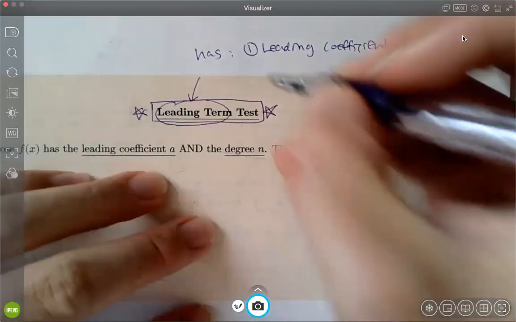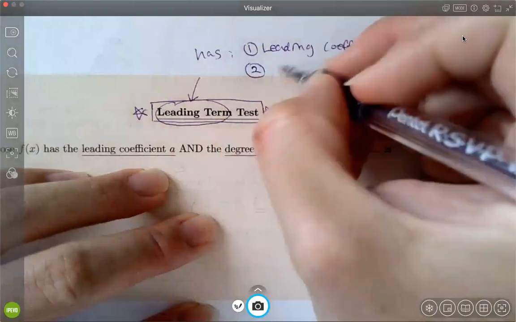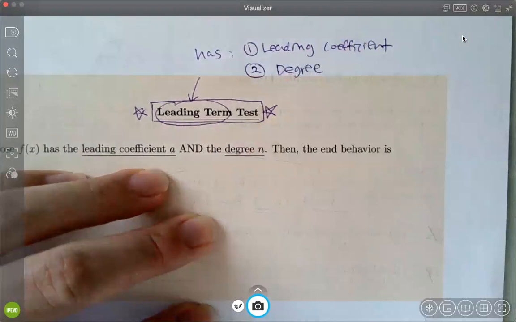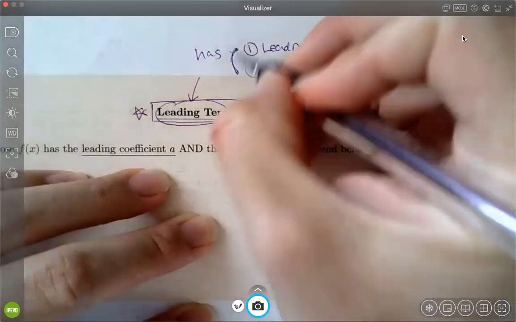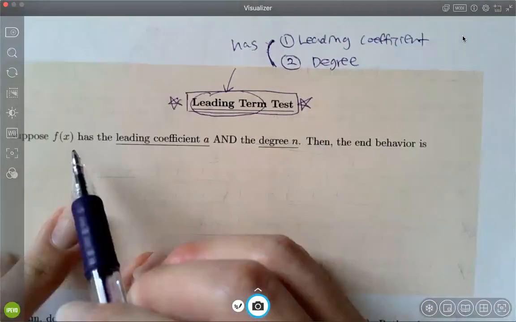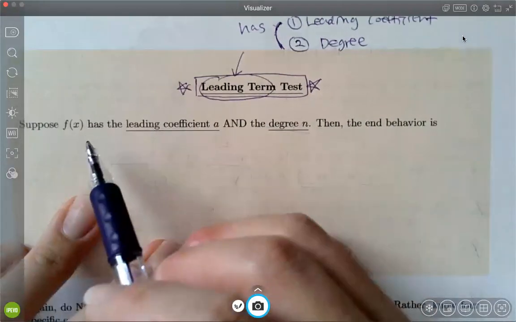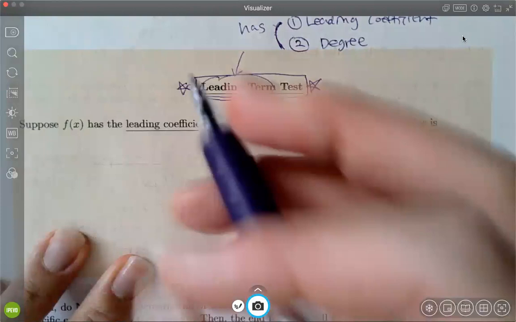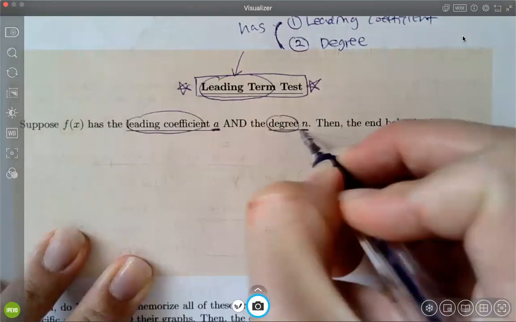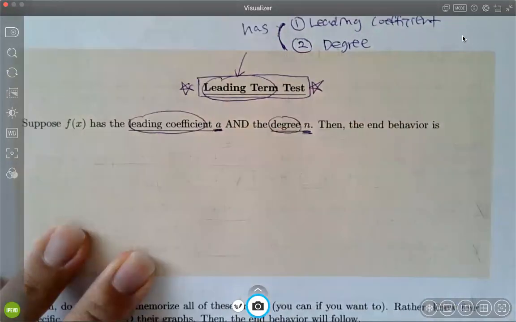And now the leading term also has the degree. It has to have both. That's why the condition says f of x has the leading coefficient a and the degree equal to n, because these two are the components of the leading term.